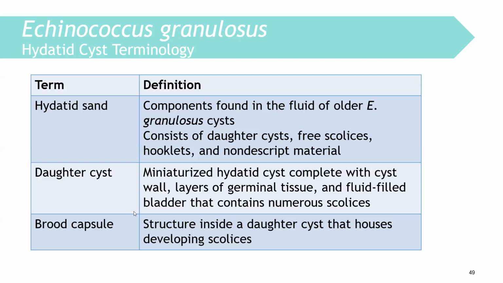So there are definitions for the hydatid cyst terminology. We have the hydatid sand, which is a component found in the fluid of older Echinococcus granulosus cysts. We have the daughter cyst, which is a miniature hydatid cyst. And we have the brood capsule, the structure inside the daughter cyst that houses the developing scolices of the parasite that is ready to attach to the mucosa or to the area where it will reside.